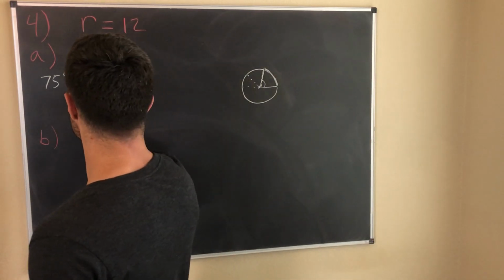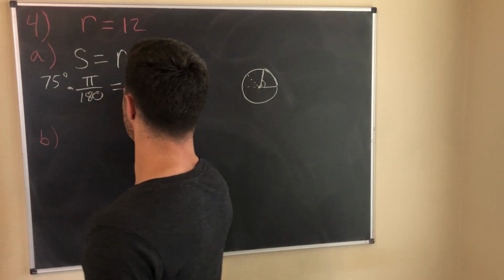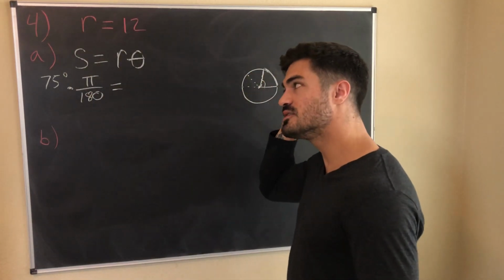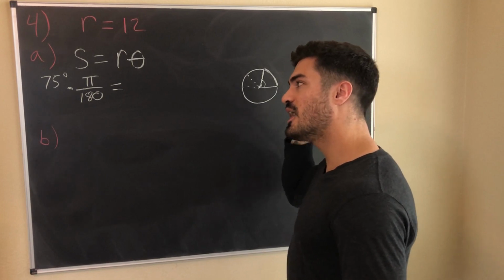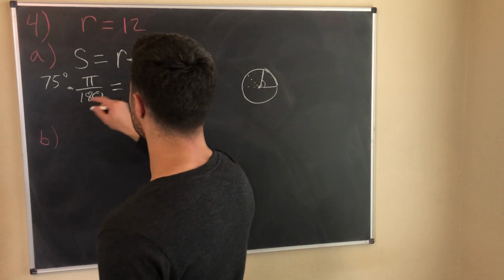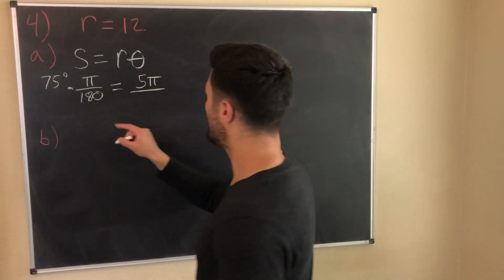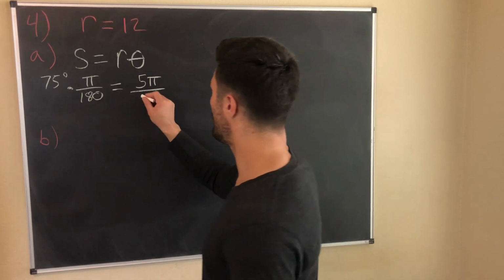We take our 75 degrees and we multiply it by pi over 180, okay? How is this going to simplify? Let's see, common factor, definitely 5. I think 15 will work. 15 will go into 75 5 times. So we have 5 pi, and then here it will go in 12.